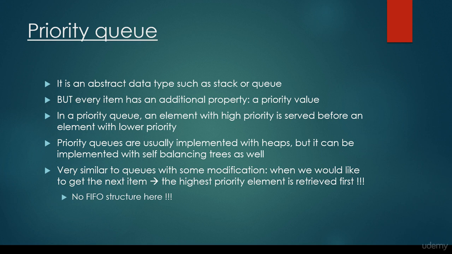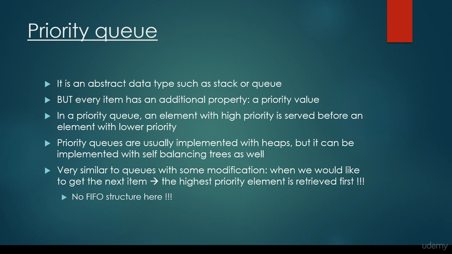Priority queues are usually implemented with the help of heaps, but they can be implemented with self-balancing trees as well. You may pose the question: heaps are implemented with the help of one-dimensional arrays, so isn't a heap just another abstract data type?